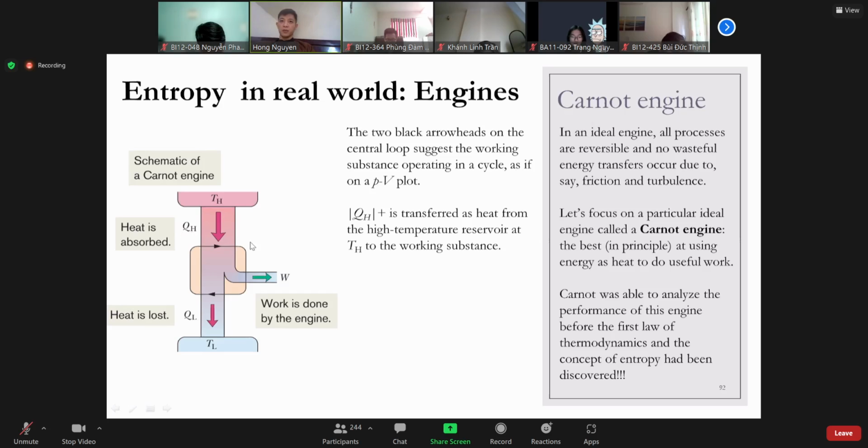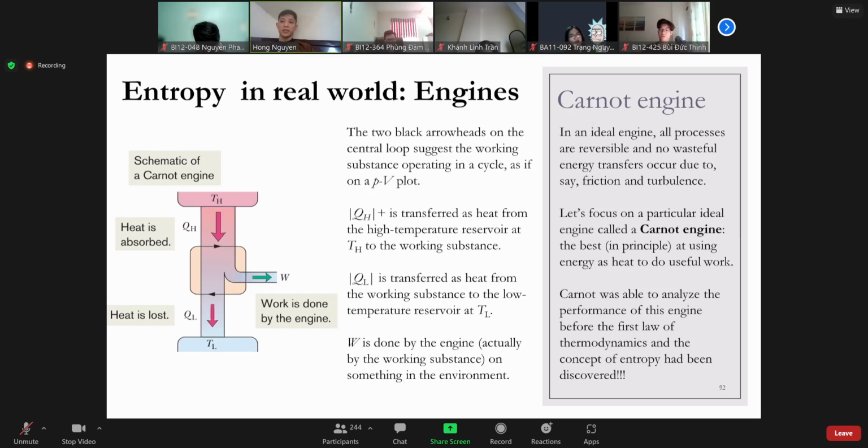Because here the substance receives the heat from the hot reservoir, the heat here is positive. The heat here is negative because it's lost from our system, from our gas, right? This one is negative, this one is positive, this one is negative. Good.